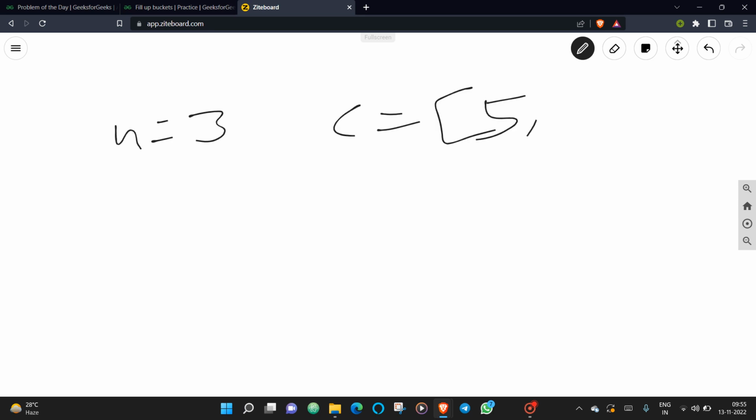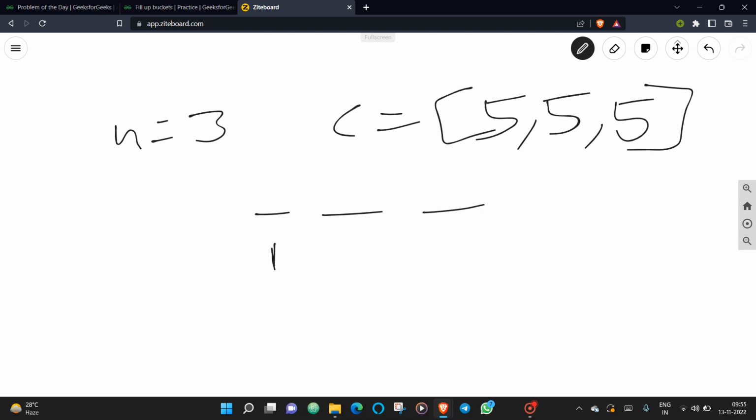So what if I give you n equal to 3 buckets, and I give you the capacity as 5, 5, 5, right? So let us think. This is 3 buckets. If my bucket 1 is containing 1, can I say that my bucket 2 should not contain that one?